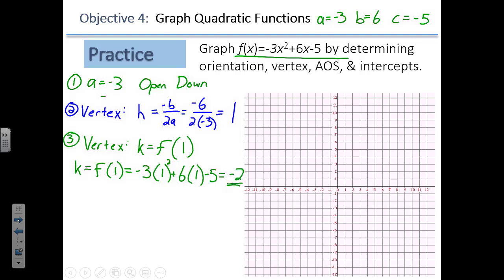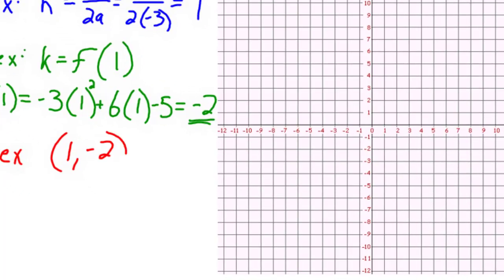And so we can conclude that our vertex is located at (1, -2). That's 1 to the right and 2 units down. There's our vertex.